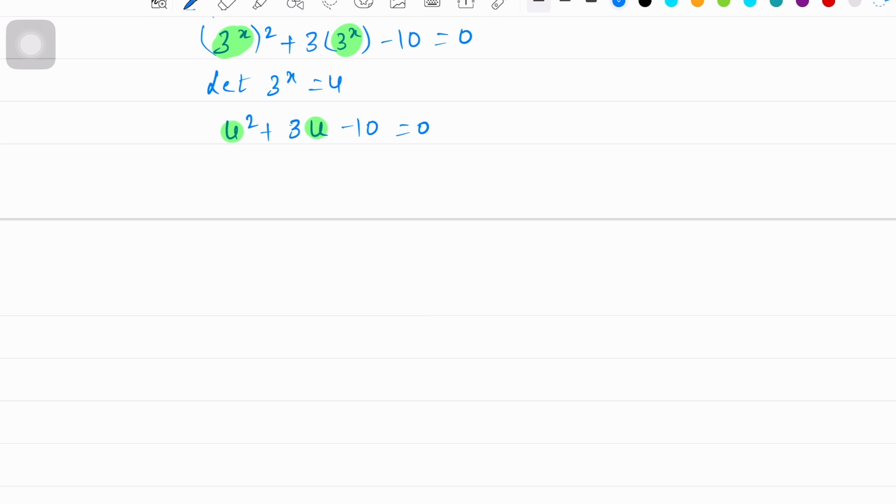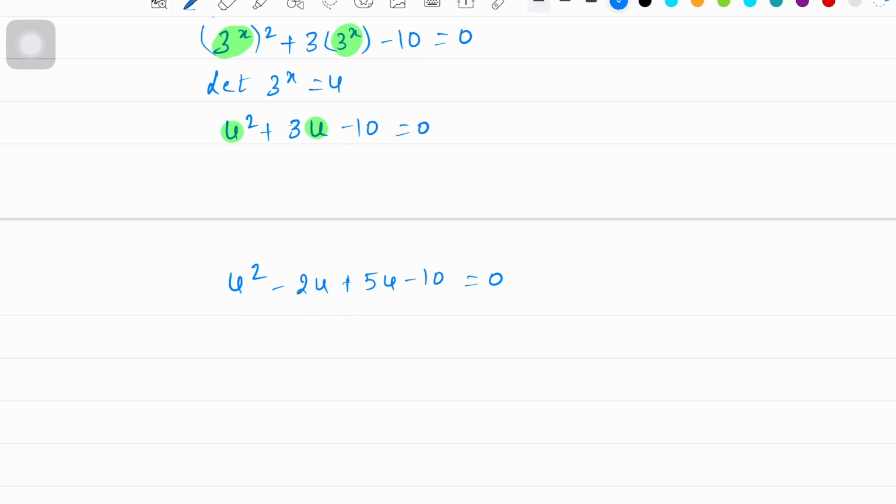So how can we split the middle term? You can split it as minus 2u plus 5u. So u squared minus 2u plus 5u minus 10 equals 0. Negative 2u plus 5u will give you positive 3u, and negative 2 times plus 5 will give you negative 10.